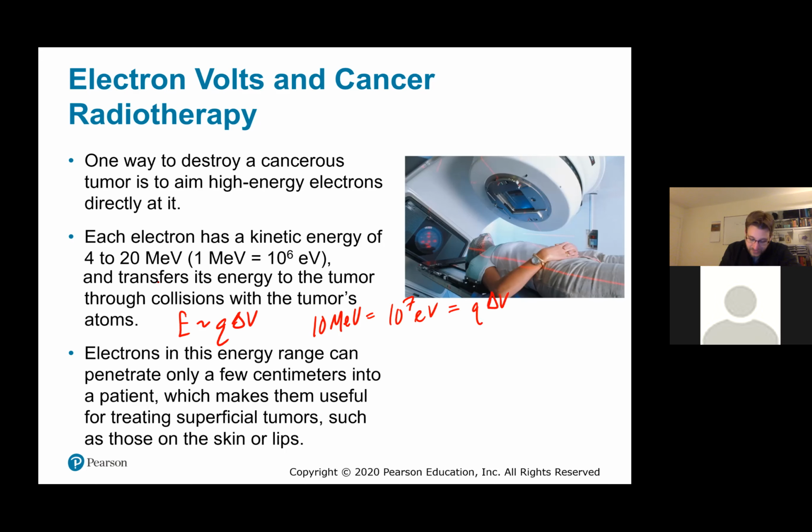So each individual electron, this Q is 1 electron. So we divide both sides by Q, 1 electron. That's going to cancel out the E in electron volts, and the potential difference that we're using to provide these electrons this kinetic energy is 10 million volts.